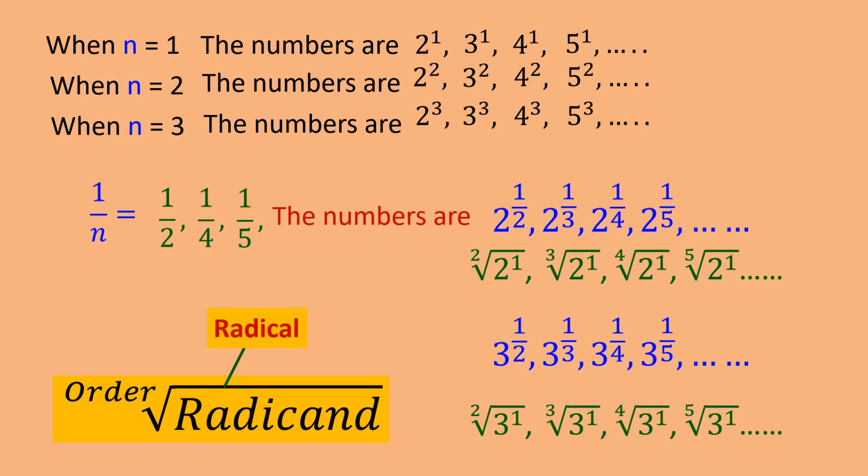Then 3 raised to 1 upon 4, the same thing can be written as fourth root of 3, and similarly fifth root of 3. So you have seen, when the base has an index in 1 upon n form, a rational number form, what that means, and how we can represent the index in the root form.